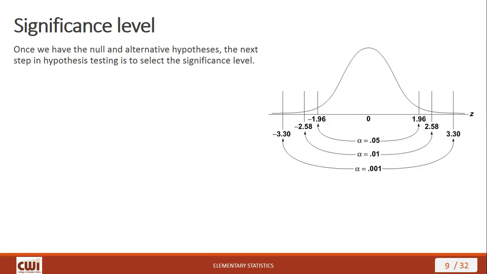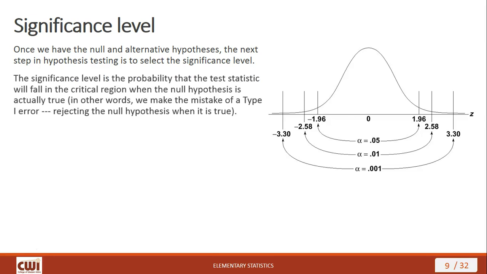However, in the real world, when you're performing hypothesis testing with real-world problems, you'll have to select the significance level yourself. Now, the significance level is the probability that the test statistic will fall in the critical region when the null hypothesis is actually true. In other words, we're making the mistake of a type 1 error. We're rejecting the null hypothesis when it is true.